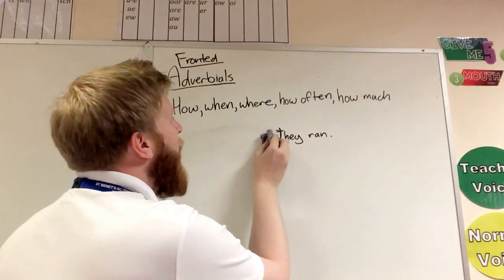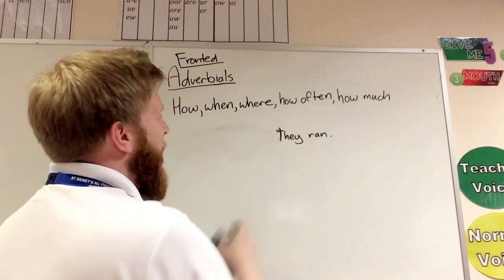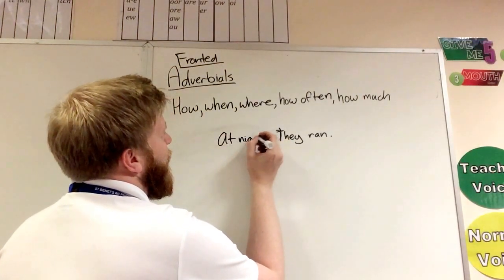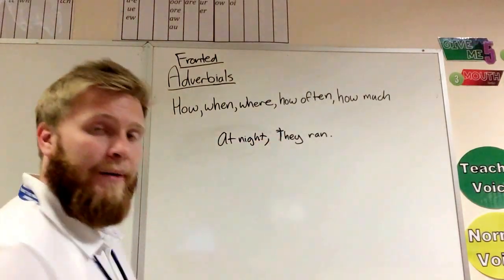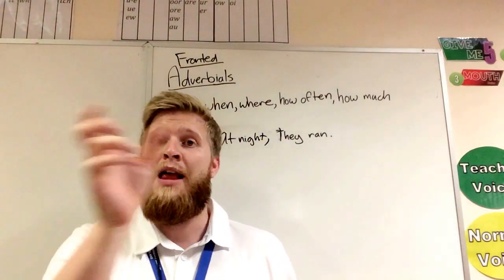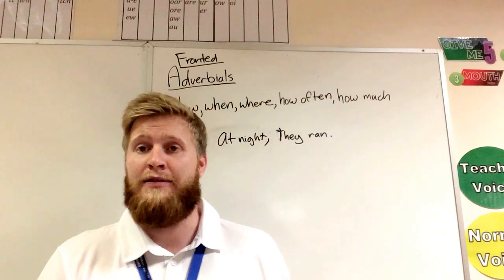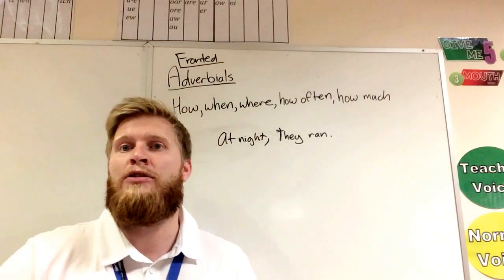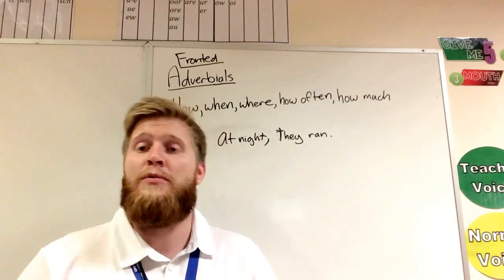We could have one there for when. So if we're saying at night, we could have at night, comma, they ran. So it's simply our adverbial at the front of the sentence. So there again, adverbs in a nutshell, and telling us what fronted adverbials and adverbials are as well.